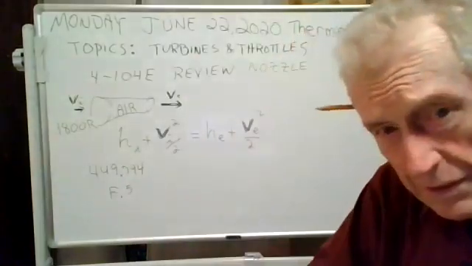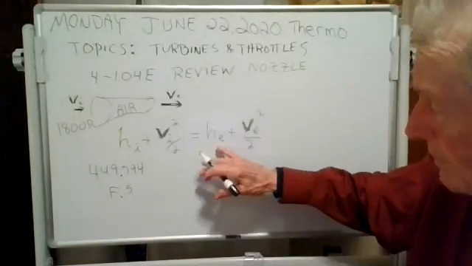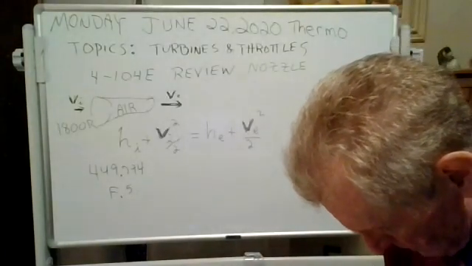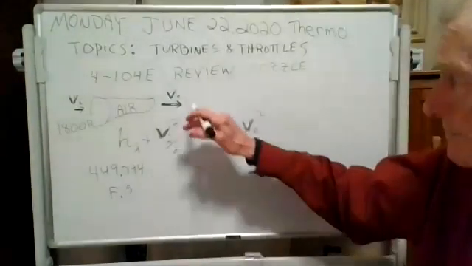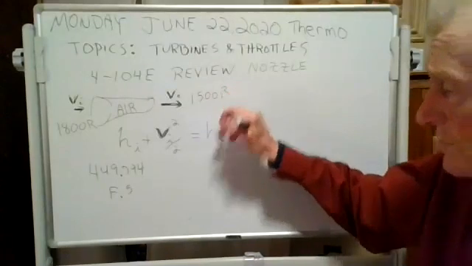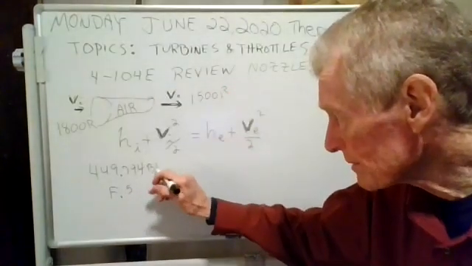But I need you guys to double check me on that. Now, while I look up this exiting, the exiting is 1500 Rankine. I want you to go to that table and make sure that I did that right.